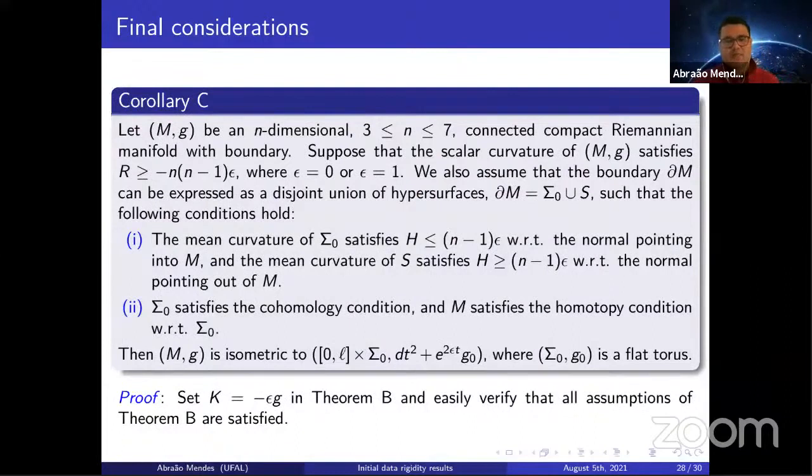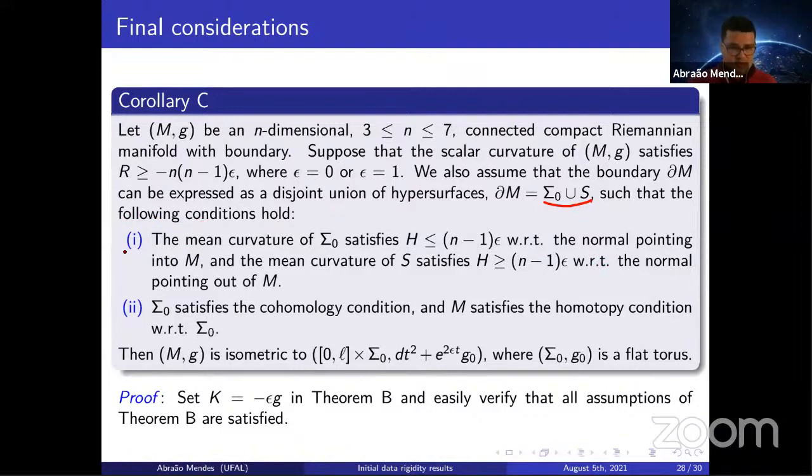In fact, it follows from our theorem B. So let me state it. Let (M, g) be an n-dimensional, with n between 3 and 7, connected compact Riemannian manifold with boundary. Suppose that the scalar curvature of M satisfies the dominant energy condition, okay, where epsilon equals 0 or 1, and assume that the boundary of M can be expressed in this way, such that the following conditions hold.